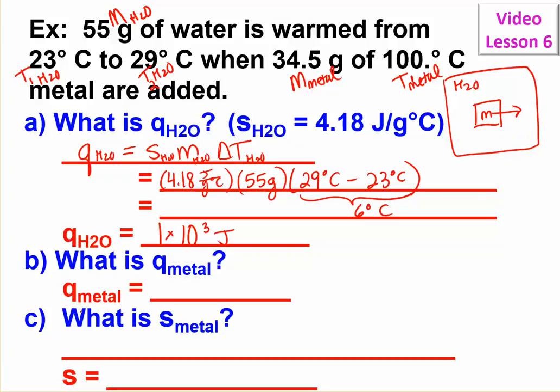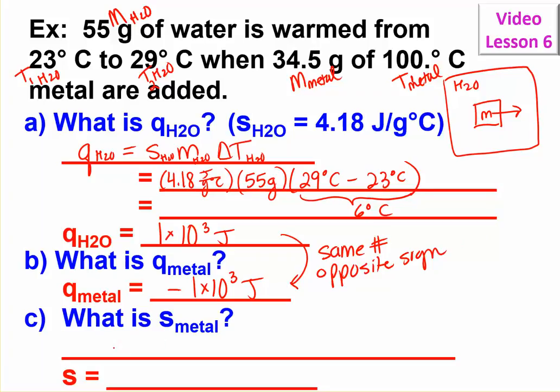So how much heat did the metal lose? What's the Q for the metal? It's the same number, opposite sign. Okay, so what's the specific heat for the metal?